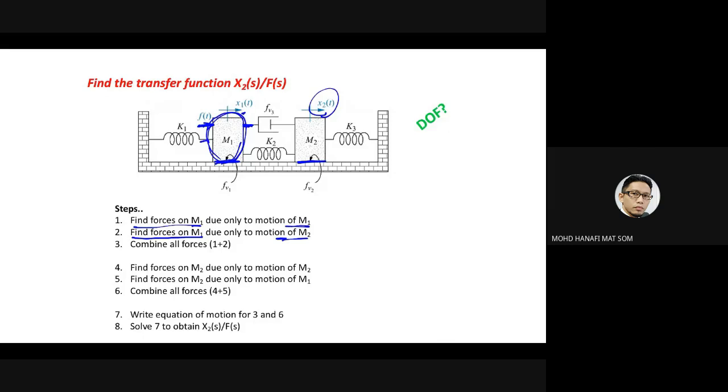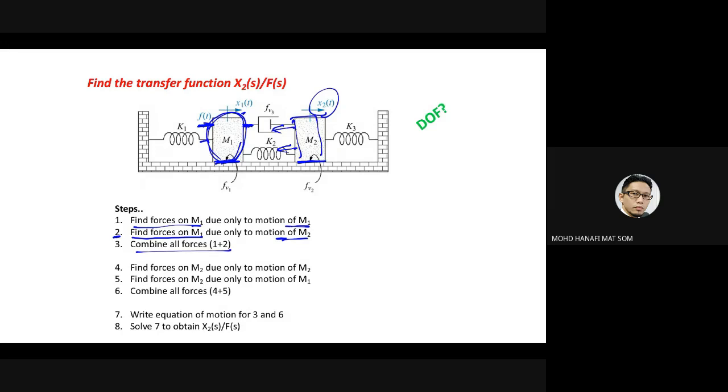M1 is connected to M2 by the spring and the viscous damper, so there will be a counter force from M2 that is applied to M1. That's why we find the forces on M1 due only to motion of M2. And finally, we combine all forces in step 1 and step 2.